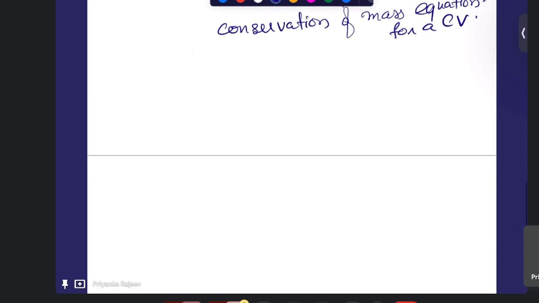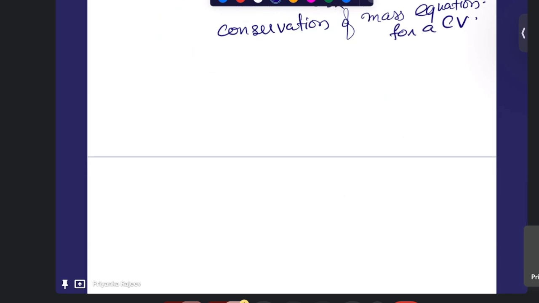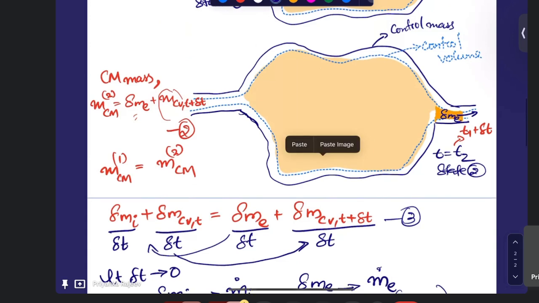Now, next up is flow work associated with mass flow. So flow work is, as you know, in the system you can see there is some working substance filled inside this system, right? So this substance is exerting some kind of pressure over these walls. Here also, if you are considering an area element of cross section, there is some pressure being exerted.